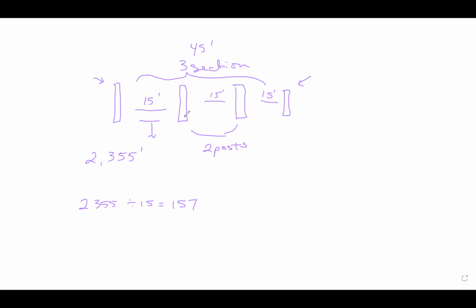So given this example, if I have 157 sections, I would have 156 posts in between them. But I also have to have a post on the end and another post on the other end. So I have to have 2 end posts.